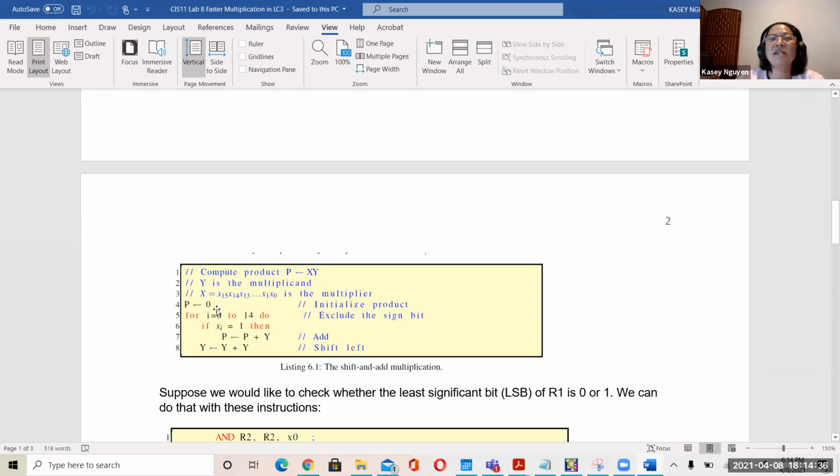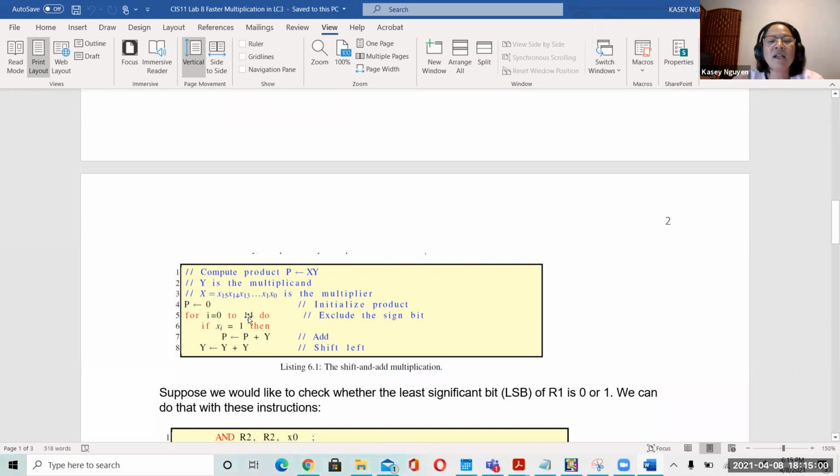So all that is, if you LDI, if you load a register with XY or the label XY, then you clear that register to make it a 0. And then we will implement a for loop, and we would start with an index 0. We're going to go to 14.